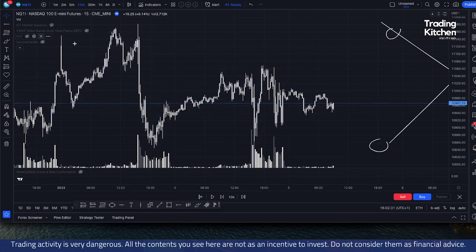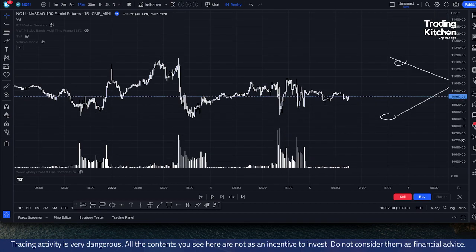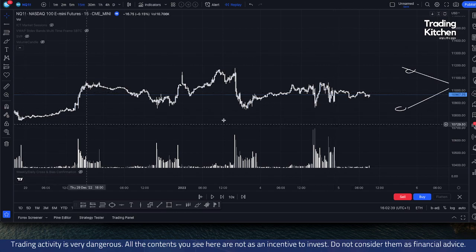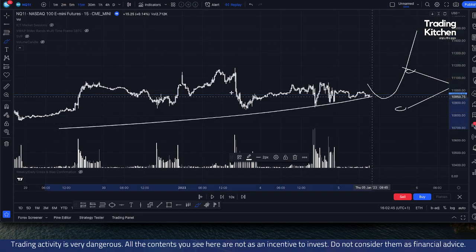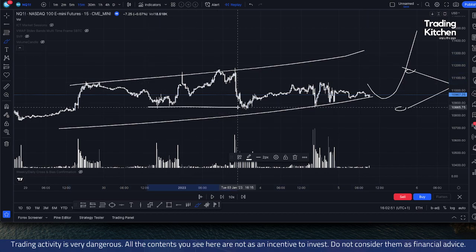Okay, so on the 50-minute time frame, what I can see is that we are consolidating, and probably we are going to go up, because price is going in this direction and we don't have any break of structure on the bearish side.